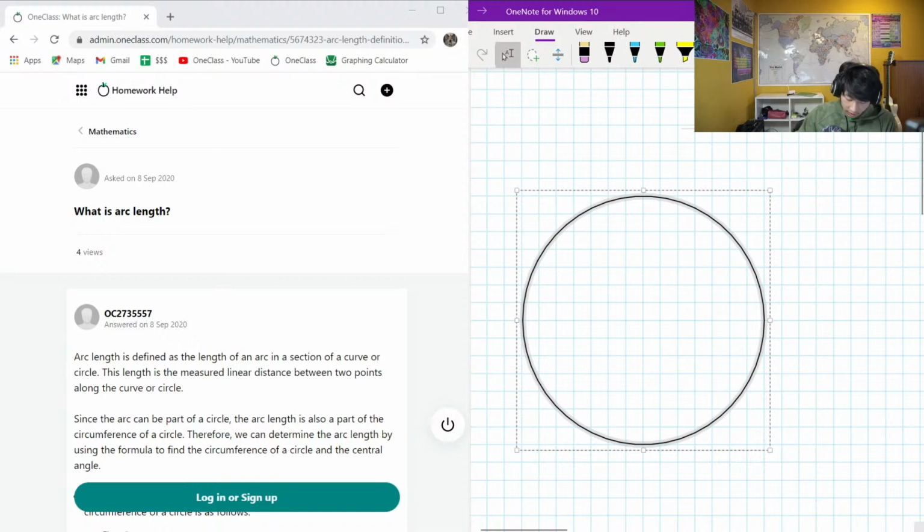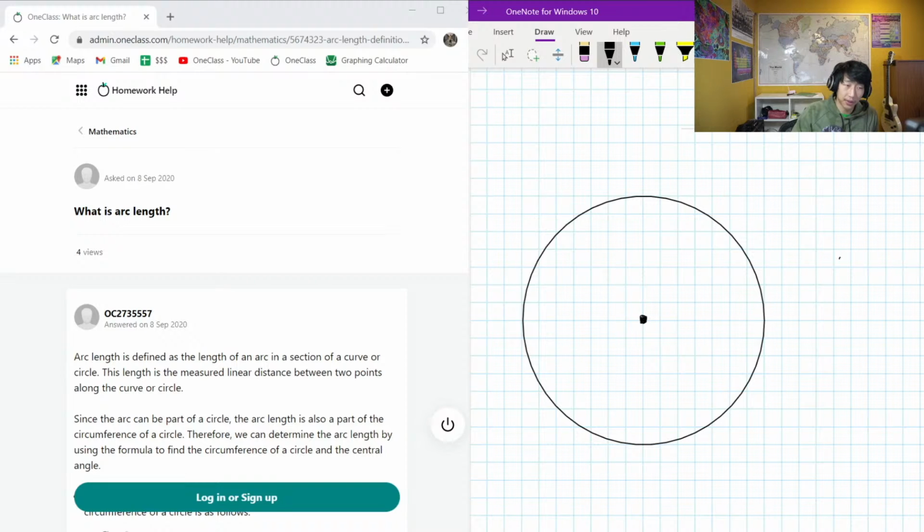Cool, nice circle. Okay, so if this is the center of the circle, the arc length is, given certain bounds, well, the length of the arc. I know that kind of sounds ridiculous, but it'd be a lot more clear if I draw this out.